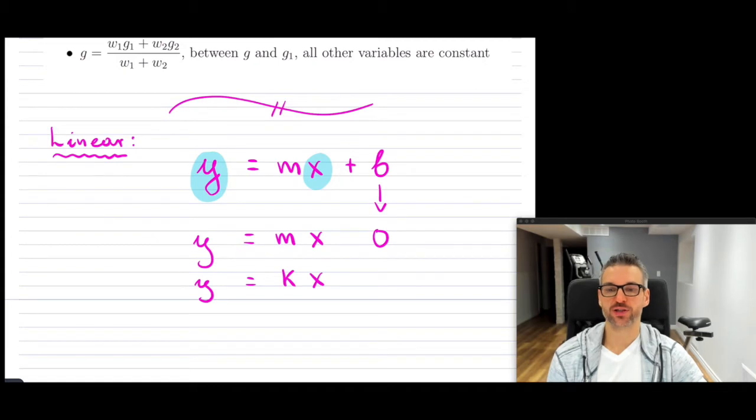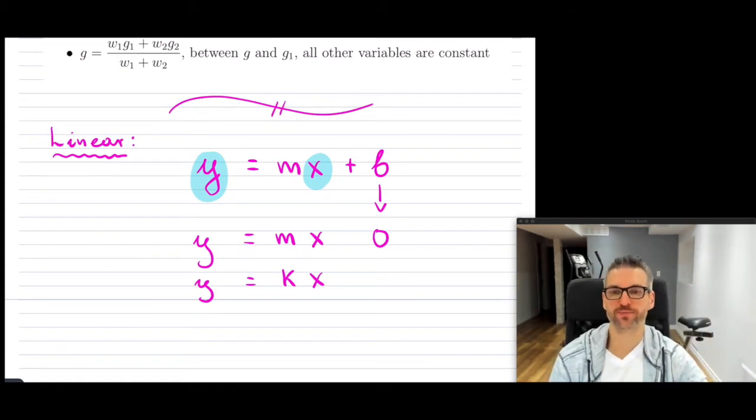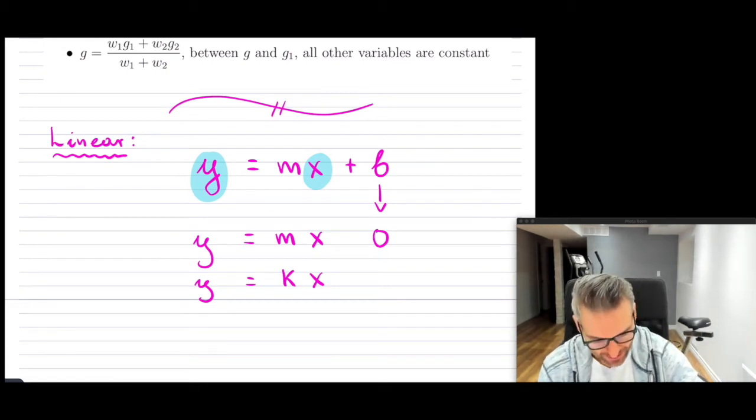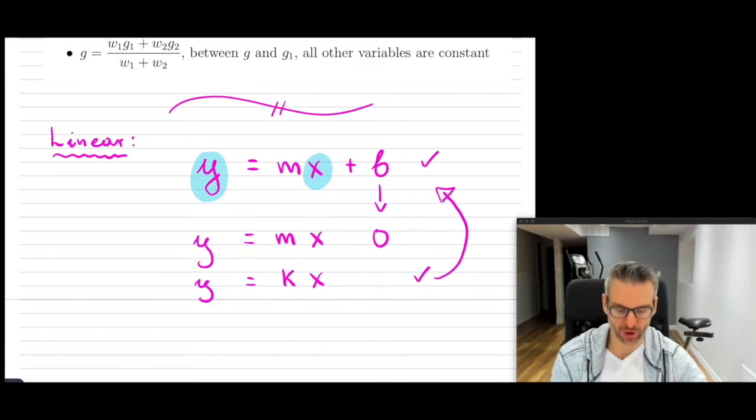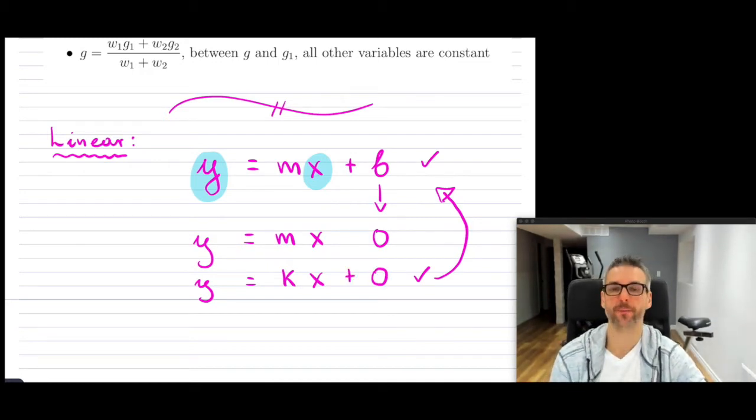For those direct proportions, I'll put a link up above to a longer video if you are interested in direct proportions and understanding that, so scaling things. But notice that a direct proportion is clearly linear because all that has happened is that we said b is equal to 0.